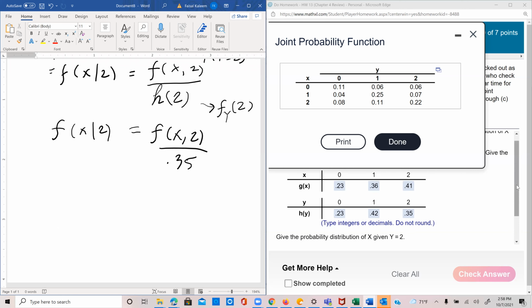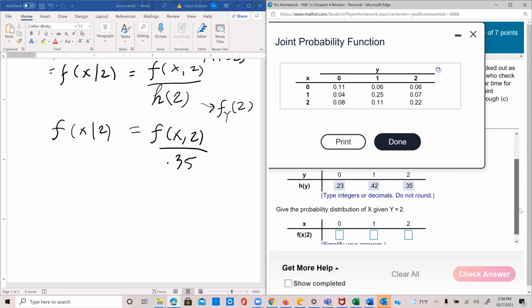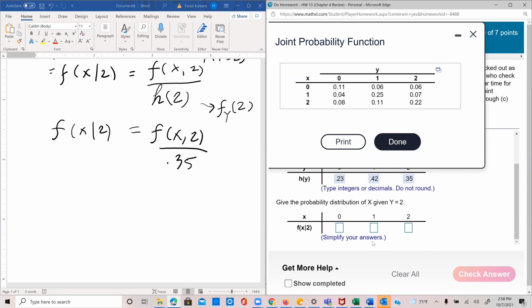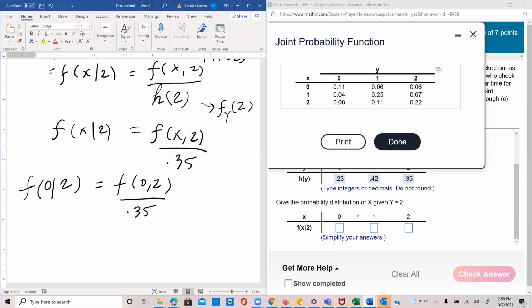So as x changes now, when x is 0, so f of 0 given 2 would be f of 0, 2 divided by 0.35. And from the table, we see that f of 0, 2 is 0.06. That's 6/35.